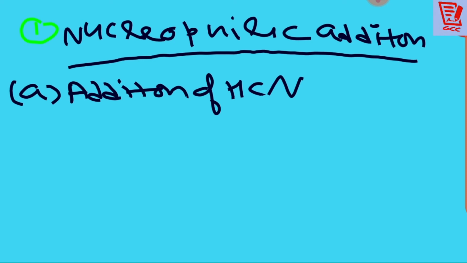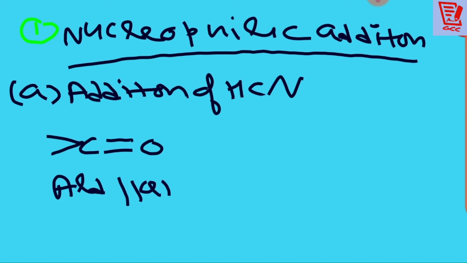What I am writing there is C double bond O. I told you it can be aldehyde or it can be ketone. We are writing it in general. If I write CH3 and here H, it becomes aldehyde. If I write CH3 on both sides, then it becomes ketone.